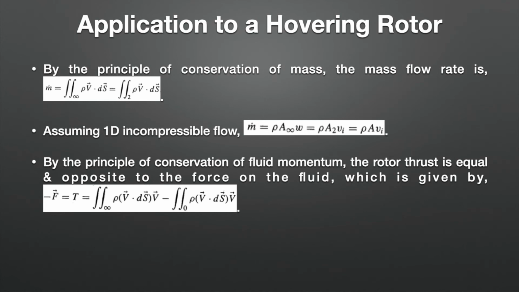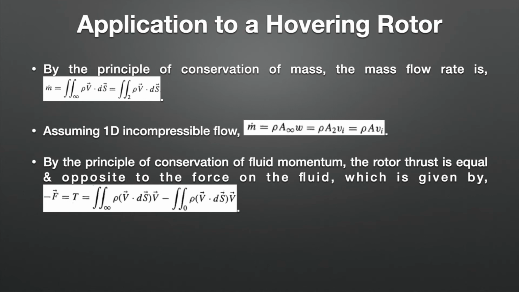Note that it is opposite to the force on the fluid. That means minus F, that's equal to T thrust, that's equal to double integration at vena contracta region rho into V dS into V minus double integration at the topmost region rho into V into dS into V.